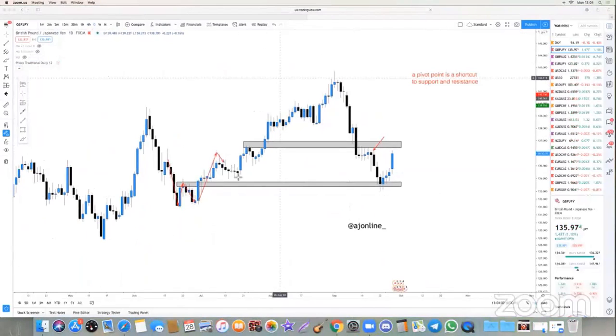What I'm doing here, guys, is drawing market structure. So get into a habit of drawing market structure. These are highs and lows I'm drawing, so we can see the levels in the market. So this is step one on the daily: establish market structure so you know the levels the market is likely to bounce from.